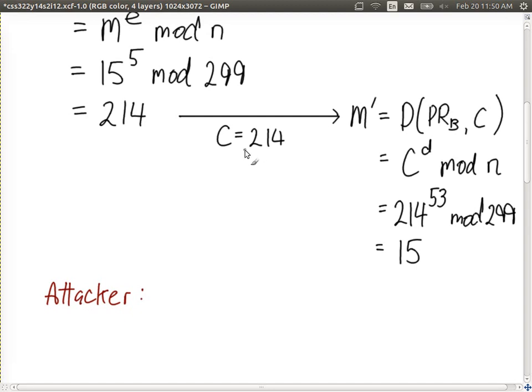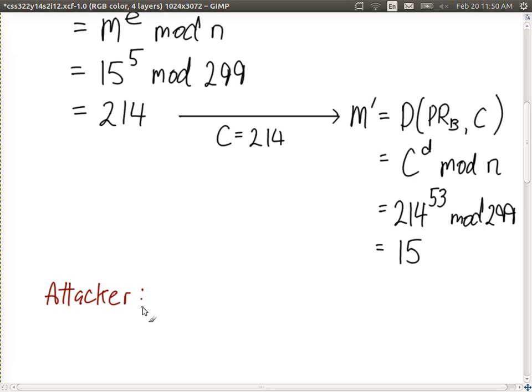In our specific example, what values do they know? They know the public key of B. They know the algorithms. They know the exact steps which we use for key generation, encrypt and decrypt. That's public. And they know the ciphertext.